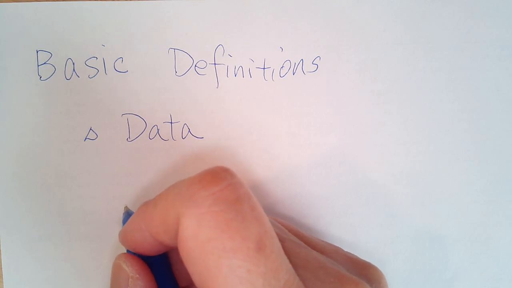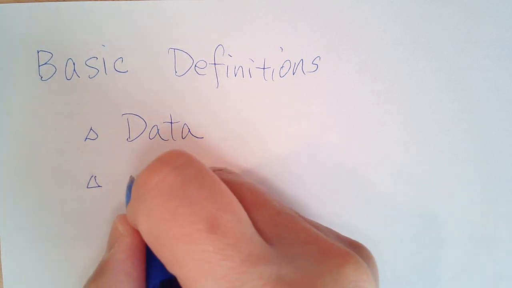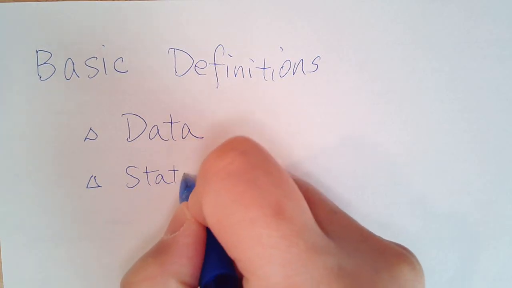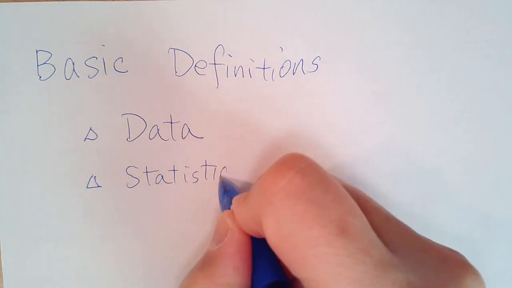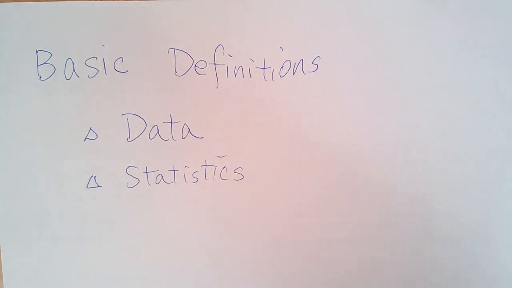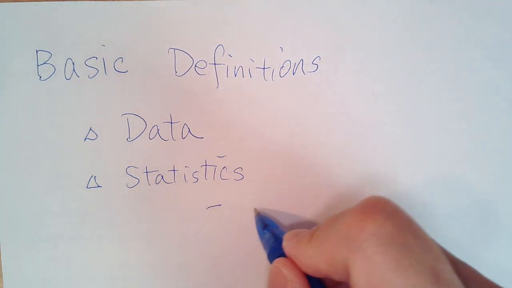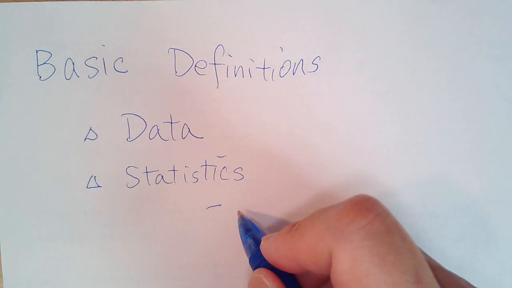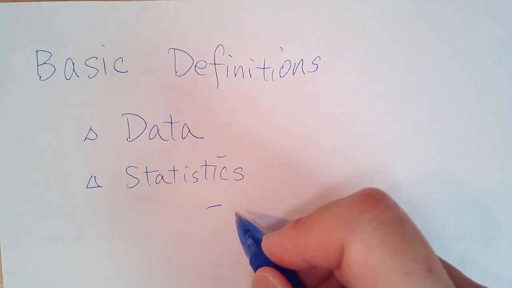And the next one is statistics. Statistics is a science of several things. You're going to plan how to do the experiment or how to do your study.